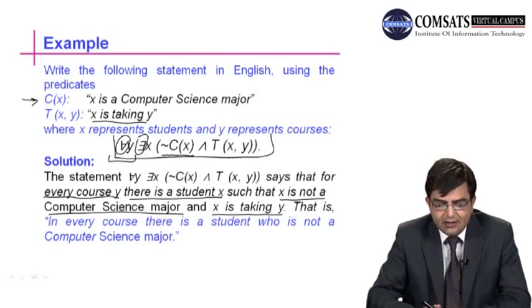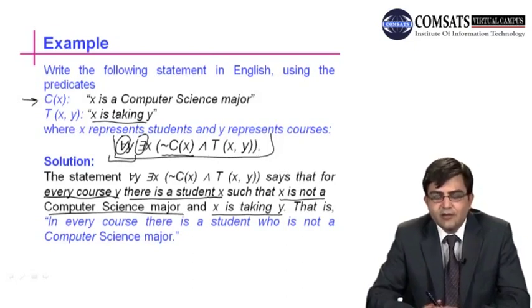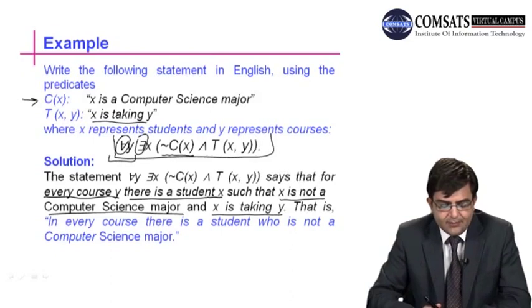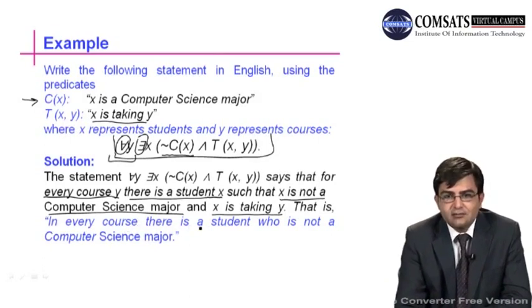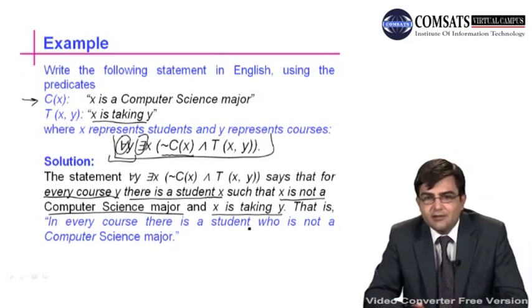So when will this statement be false? For all will be converted to there exists, and the existential statement will be converted to for all. We can say that there exists some course in which every student is not a computer science major.